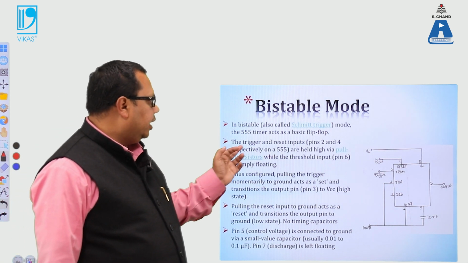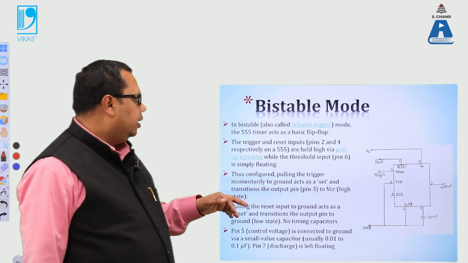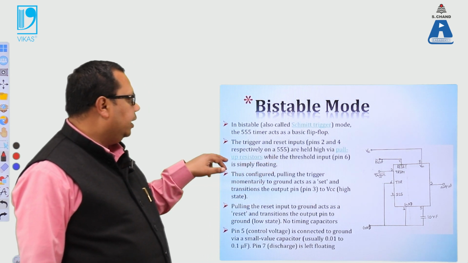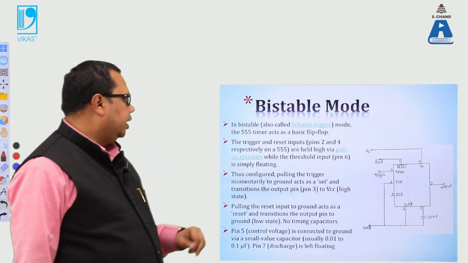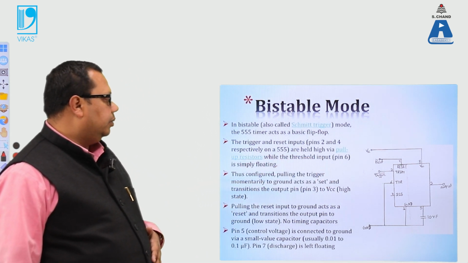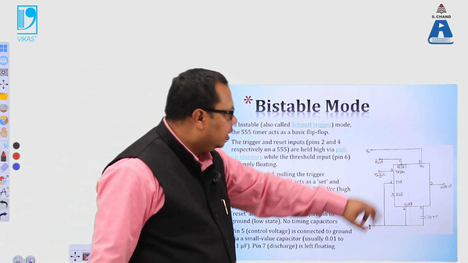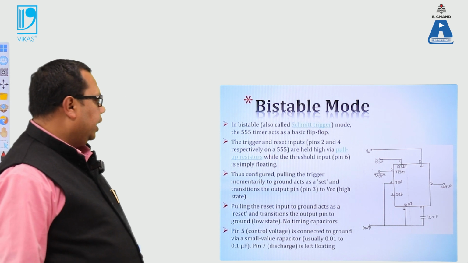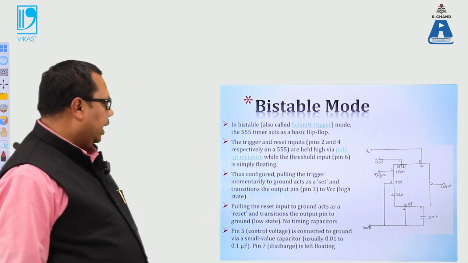Then for the trigger and the reset pin, we can use pin number 2 and pin number 4, used together with pin number 6, which is the threshold, a floating voltage. So basically this is the pin reset. You can see that we have done this in the earlier module also. Okay, this is basically the bistable mode of the IC 555.